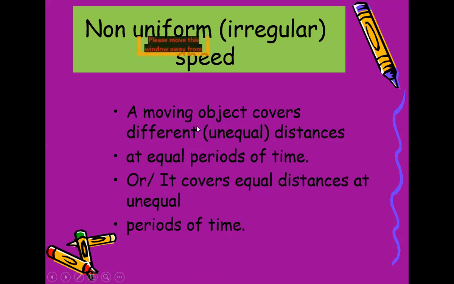We can't say it is non-uniform speed if the moving object covers unequal distance at unequal periods of time. So non-uniform speed: the object moves with unequal distance at equal periods of time, or equal distance at unequal periods of time. Is it easy?